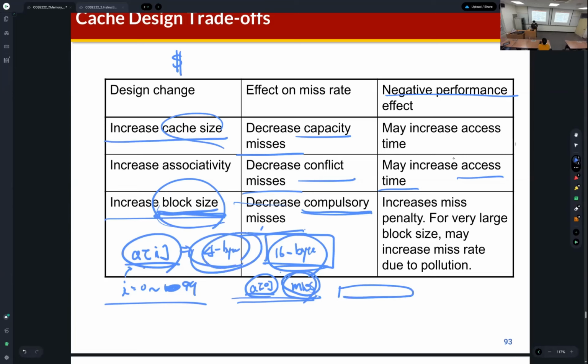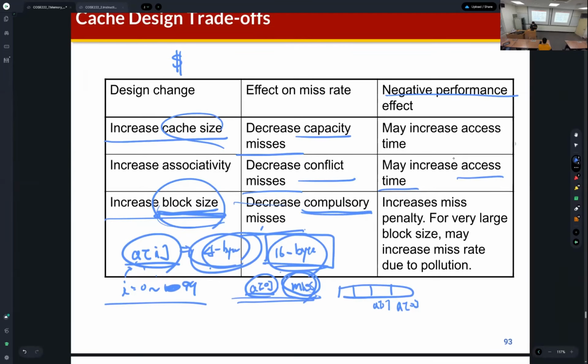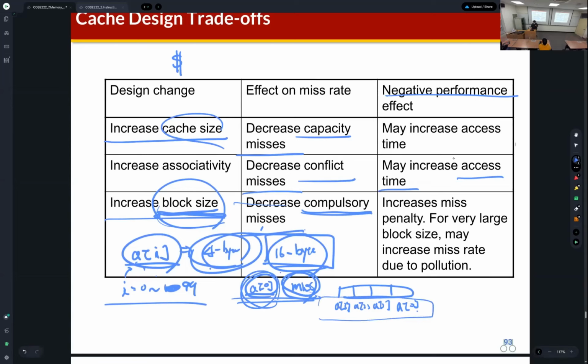The size of a single element of this array is 4 bytes, which means a single cache block can include 4 different elements: A0, A1, A2, and A3. So when A0 is requested, 4 elements are allocated to the cache.